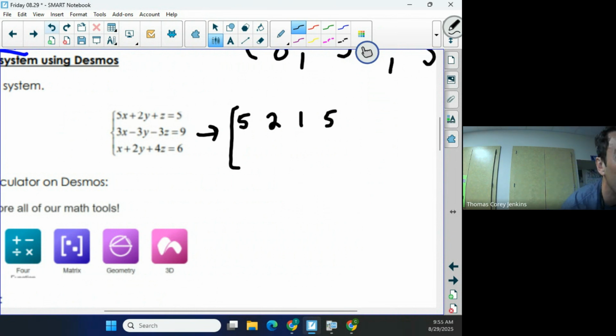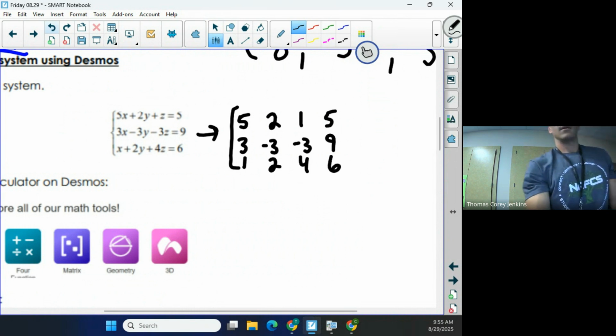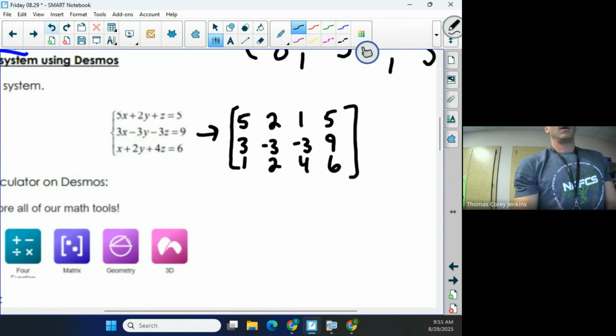So row 2 then would be 3, negative 3, negative 3, 9. And row 3 would be 1, 2, 4, 6. All right, so we'll see what to do with that in just a second.